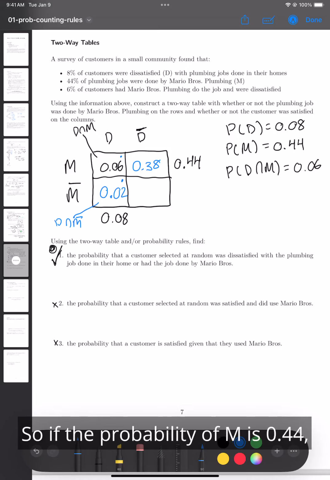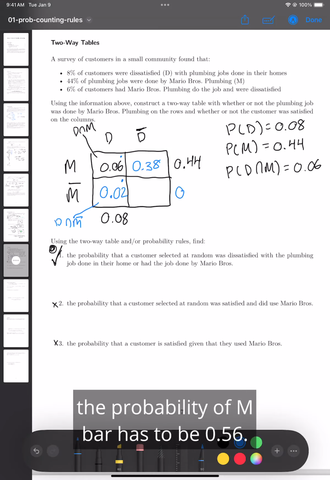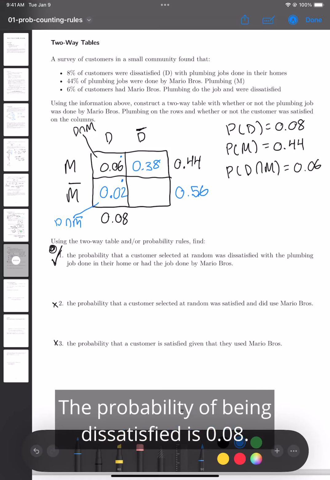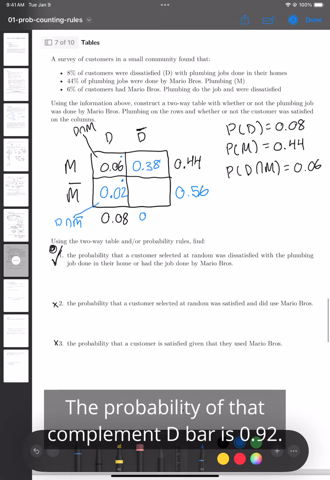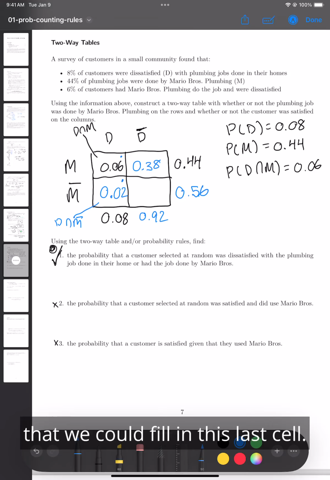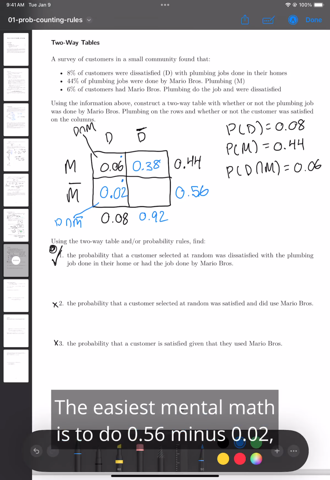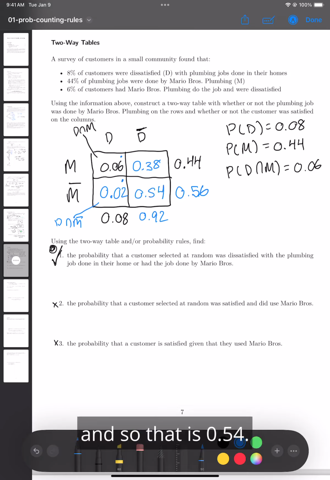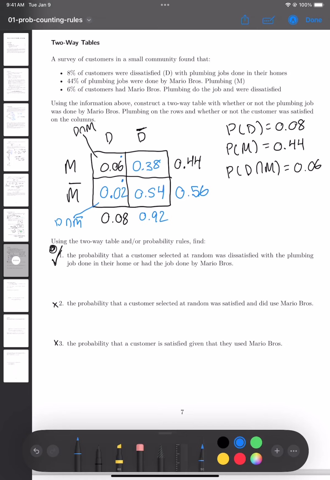So if the probability of M is 0.44, the probability of M bar has to be 0.56. The probability of being dissatisfied is 0.08. The probability of that complement, D bar, is 0.92. And then we've got a bunch of ways that we could fill in this last cell. The easiest mental math is to do 0.56 minus 0.02, and so that is 0.54.